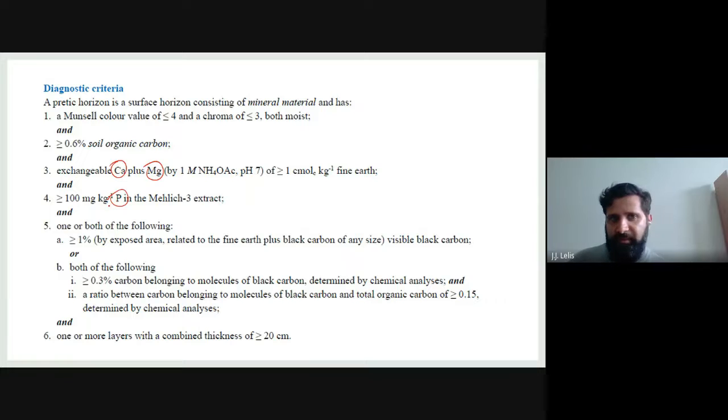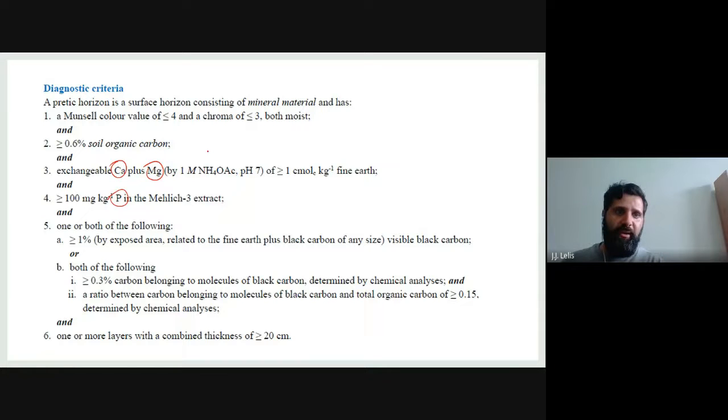We don't present a high base saturation, could be higher, could be low. It's not related to a modern change of the soil surface. It's related to an ancient change. They are formed by humans acting in the past, not in a recent time. So the pratic and the arctic horizon are very different, okay?